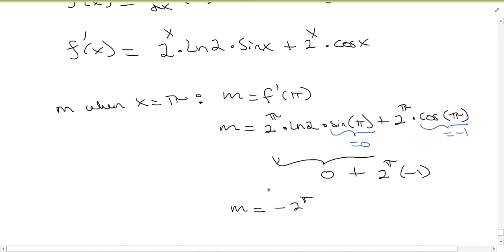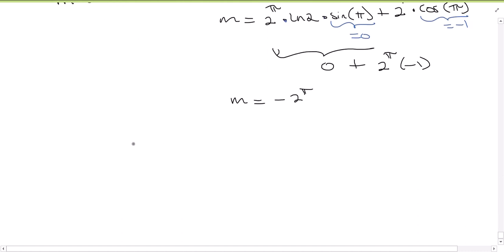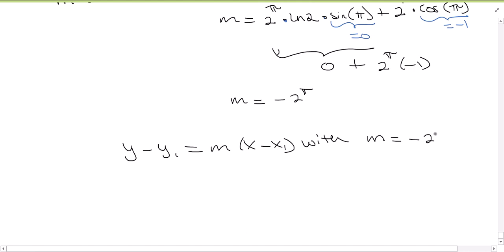So putting it all together, on our point-slope form, y minus y1 equals m times x minus x1, with m equals -2 to the pi, and the point being x was pi and y was 0. This becomes y minus 0 equals m, so -2 to the pi.